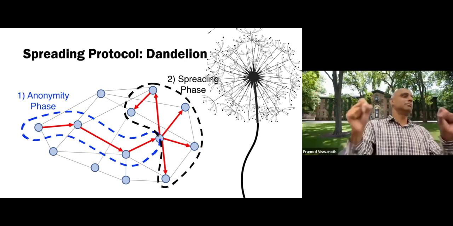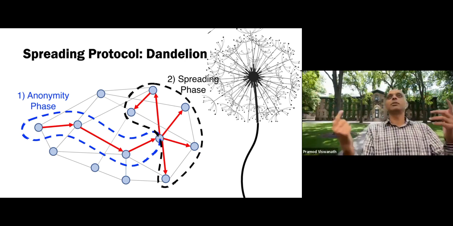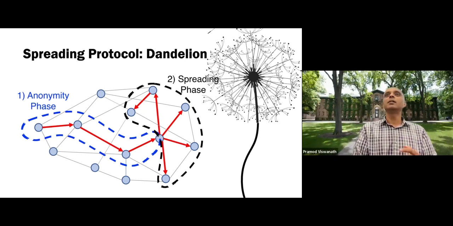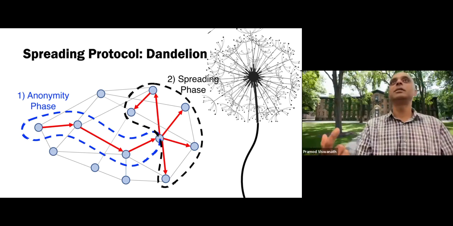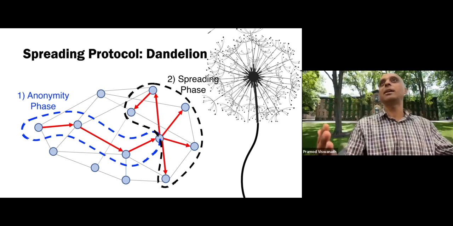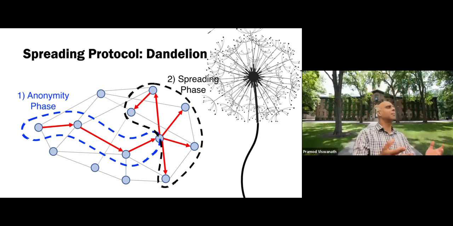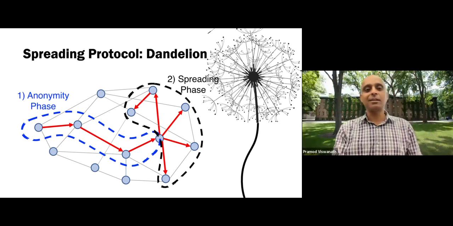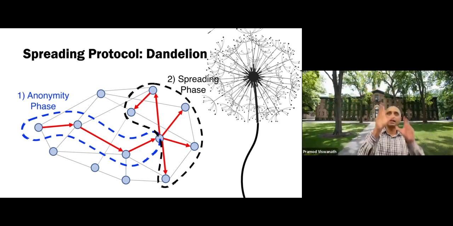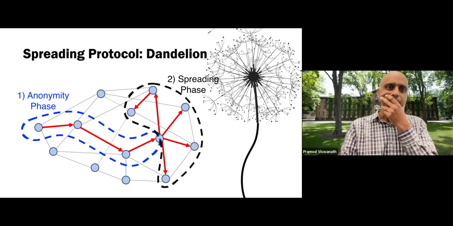I don't know the starting point. The eavesdropper hasn't received it yet, unless the eavesdropper is along the line itself, in which case everything behind it is hidden. And once you hit some point at random, like a clock that ticks, you spread to everybody. It's like a dandelion because it's got this stem, and then it spreads.